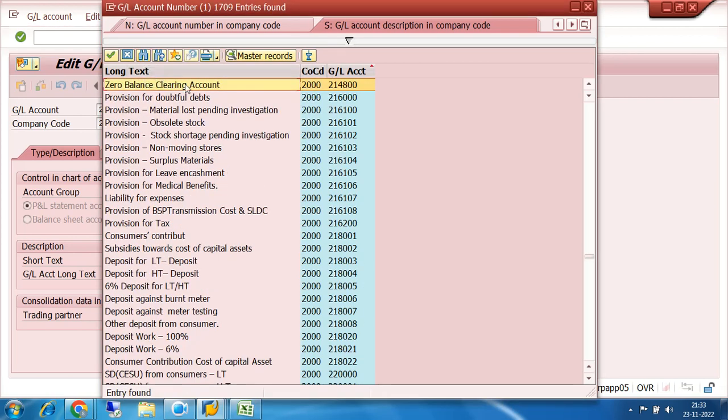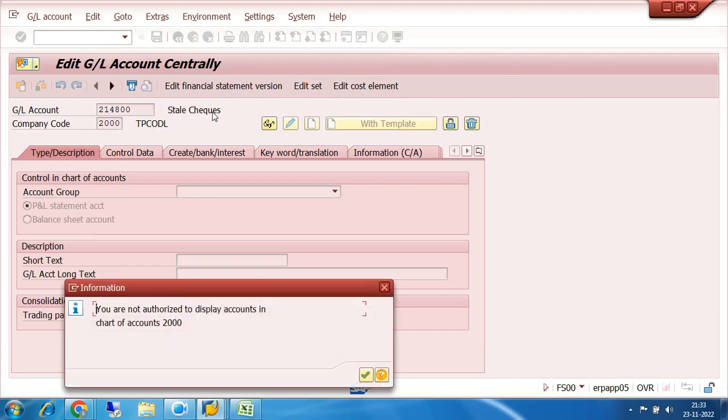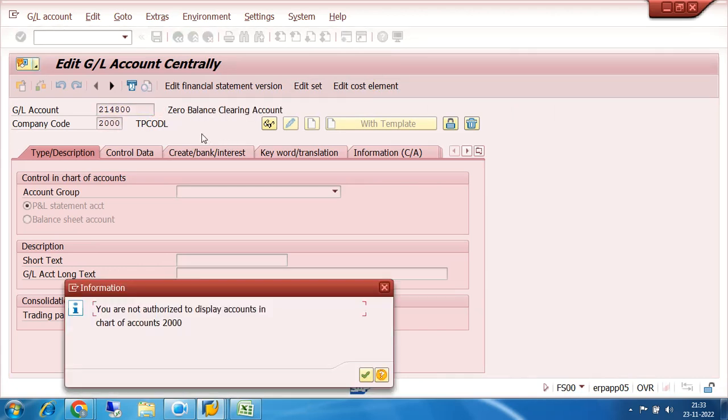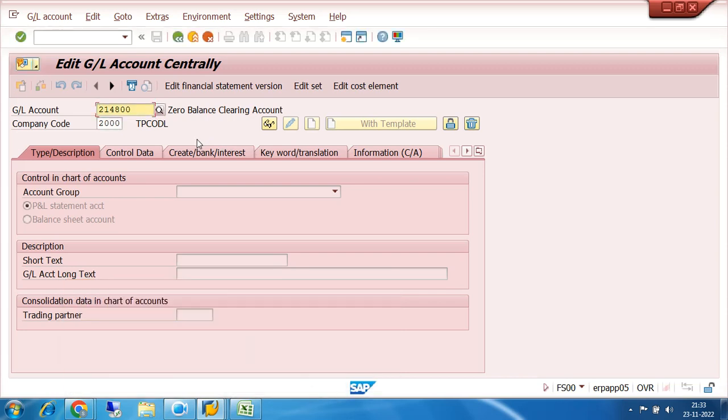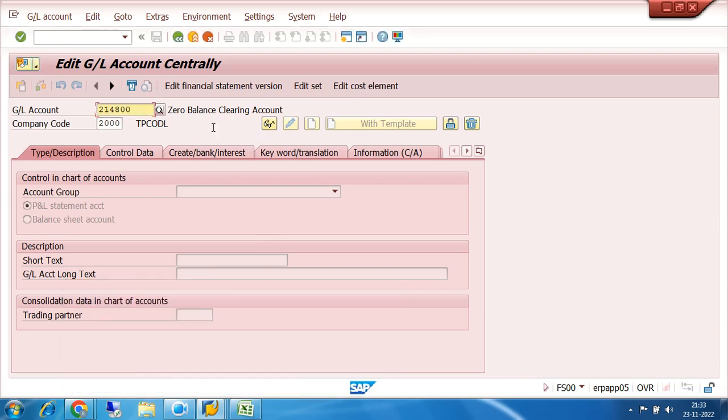See, this is the zero balance clearing account in my organization, 214800. Just a minute. See, this is the GL account. Actually I don't have the authorization to see the details, such as which group this is in, or the short text and long text. You are not authorized to display the account in the chart of accounts, but this is the GL account that was created.